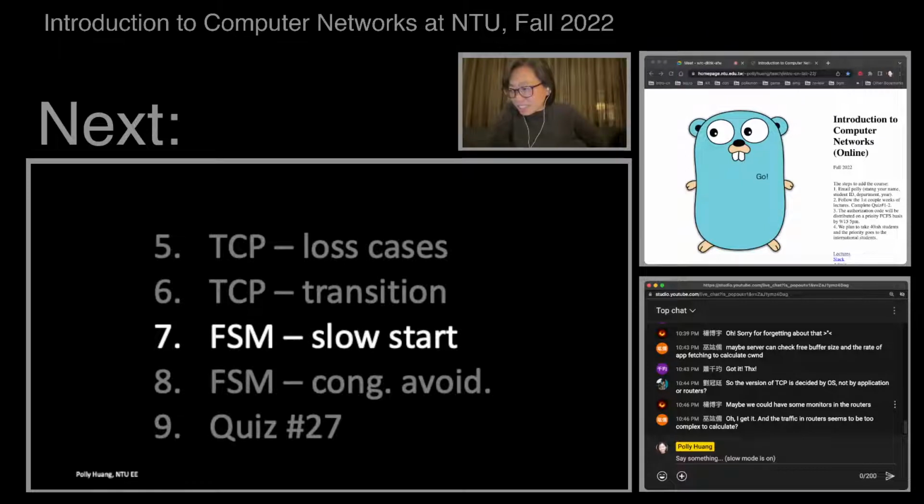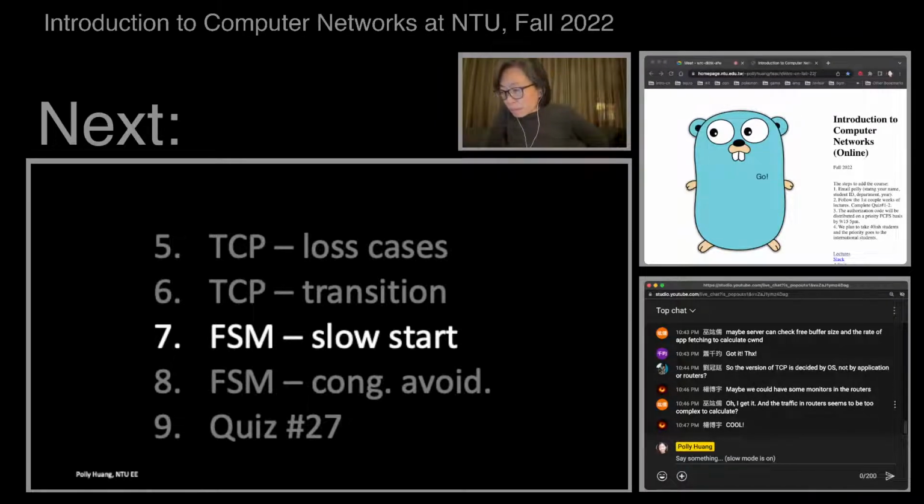Very good question, because this way, after we debate about this end-to-end approach, you see a little bit of the value in the network-assisted approach, isn't it? I get it. So the traffic in routers seem to be too complex to calculate. Oh, okay. Vincent, it's not exactly hard to calculate, as I mentioned, right?